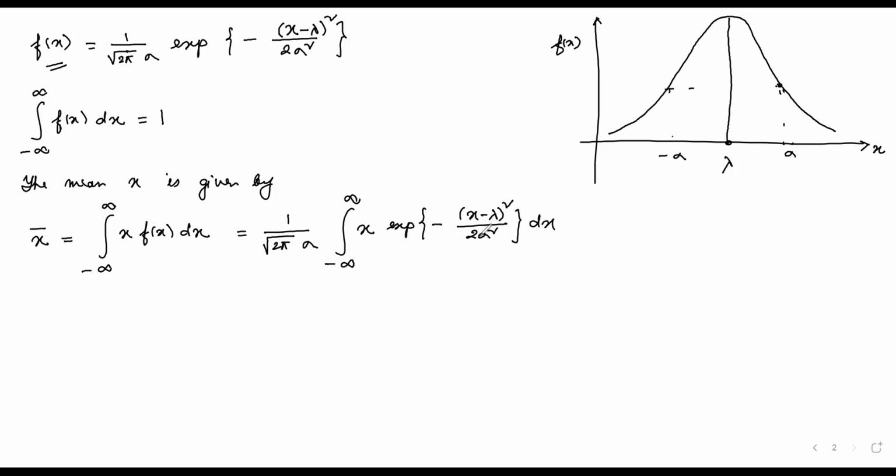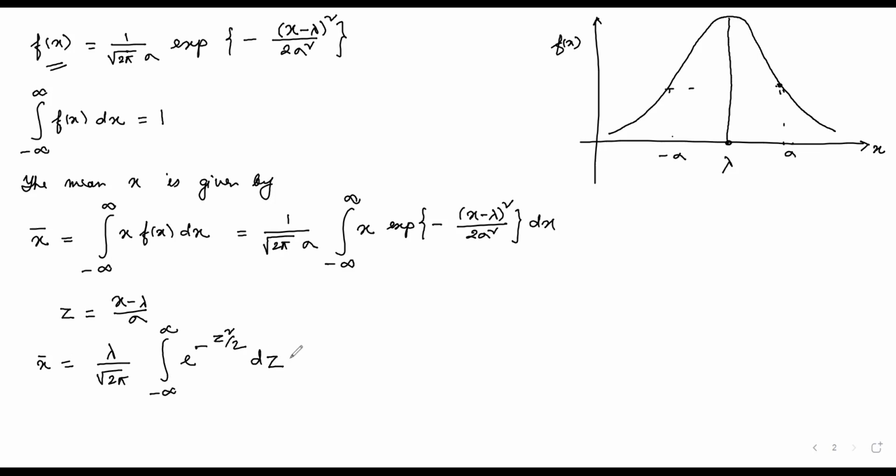If we use the substitution z equal to (x minus lambda) by sigma, then we can easily calculate this integral, and the value will turn out to be x bar equal to lambda by root over 2 pi, integration from minus infinity to infinity of e to the power minus z square divided by 2, dz.